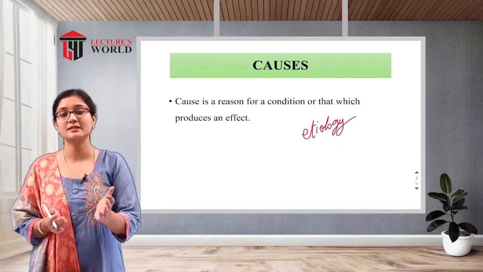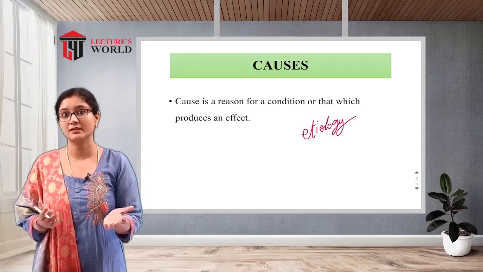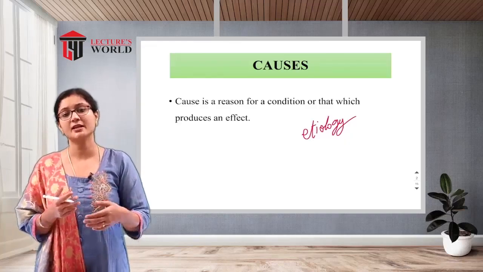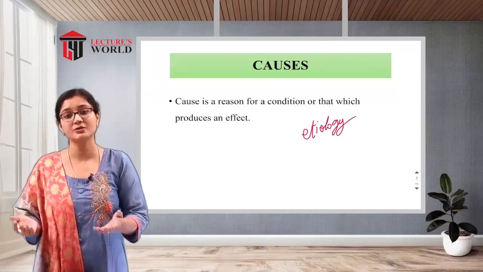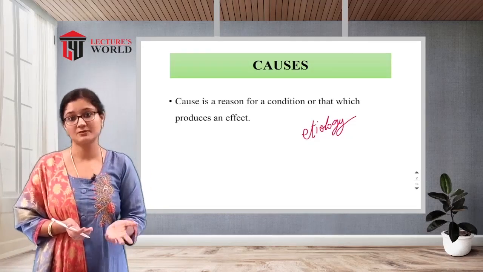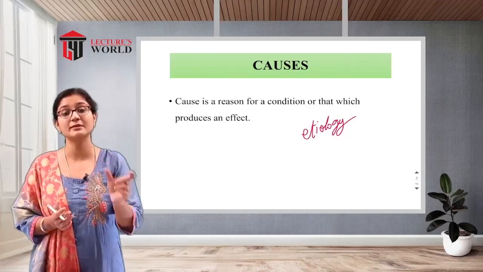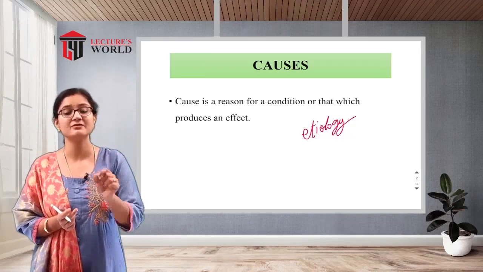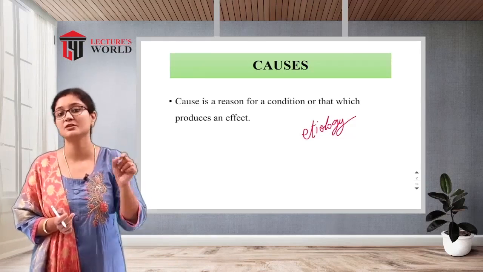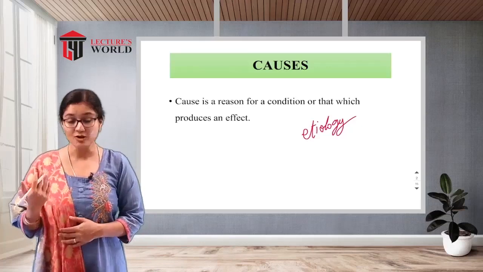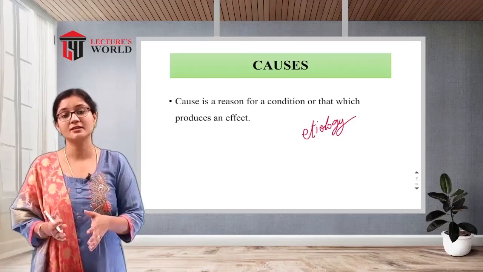For example, if there is an infection in the body, like pneumonia, it can be mainly because of some bacterial infection, right? It can be viral infection also. So this is the main cause. Main cause is nothing but the reason why a person is suffering with that particular disease or any illness. Clear enough?